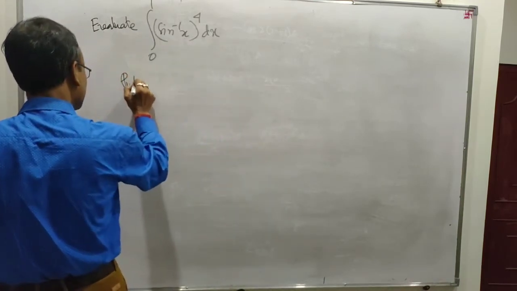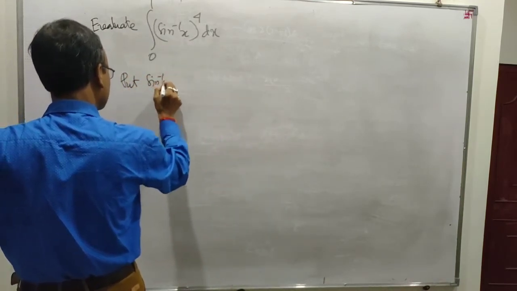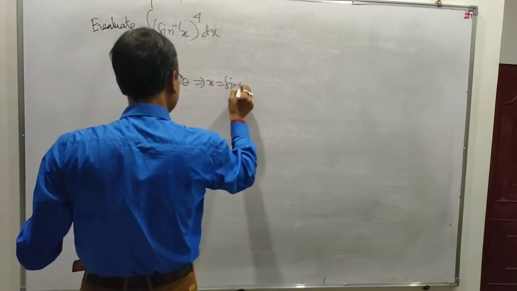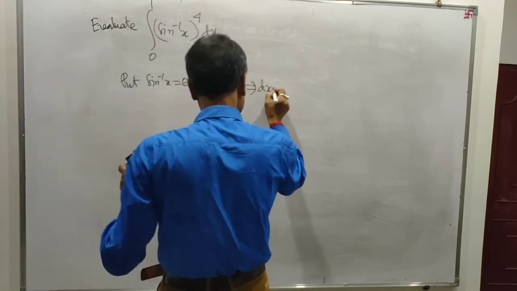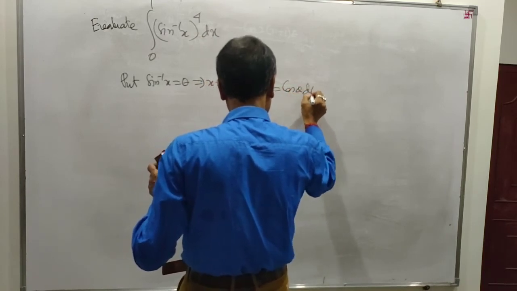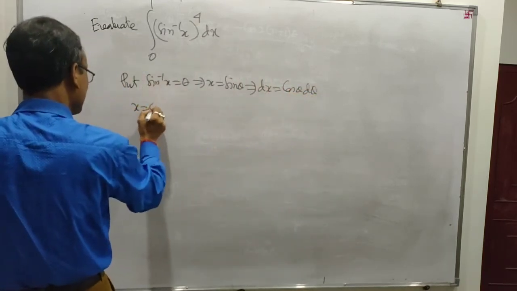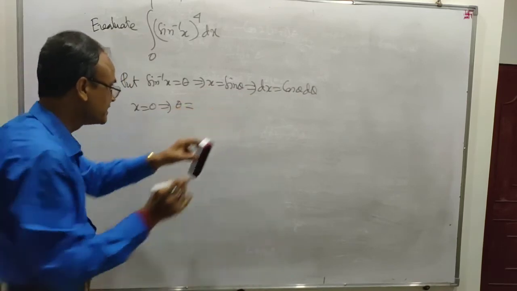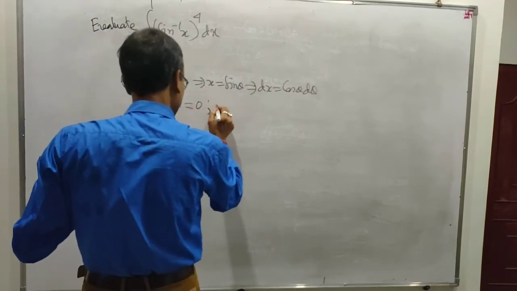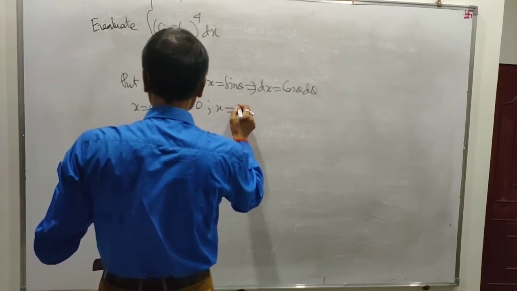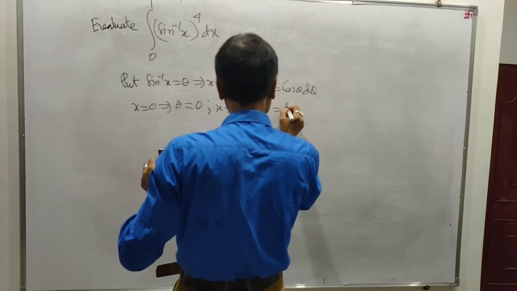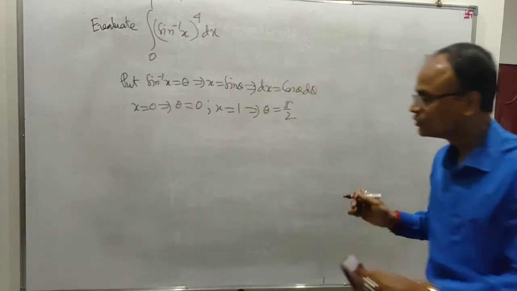Put sine inverse x equal to theta. This means x is equal to sine theta, which means dx equals cos theta d theta. X equal to 0 implies theta is equal to 0. X equal to 1 implies theta is equal to pi by 2.